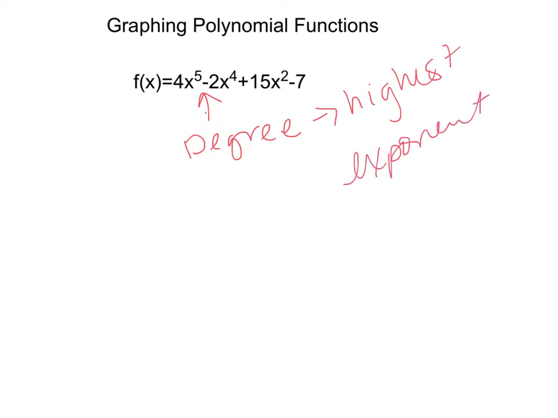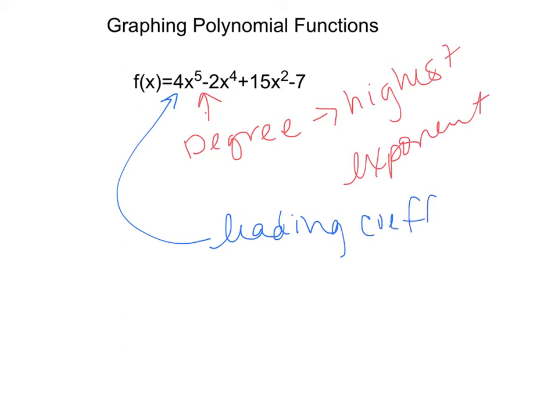And the number in front of the highest exponent is called the leading coefficient. So the leading coefficient and the highest degree. Now both of these pieces of information are going to be used when we find end behavior.